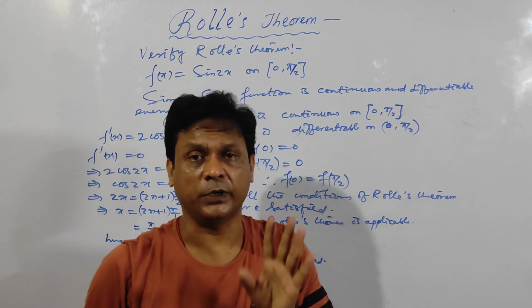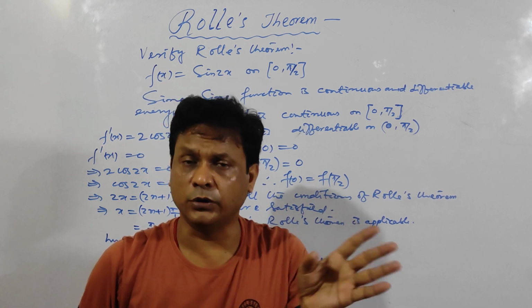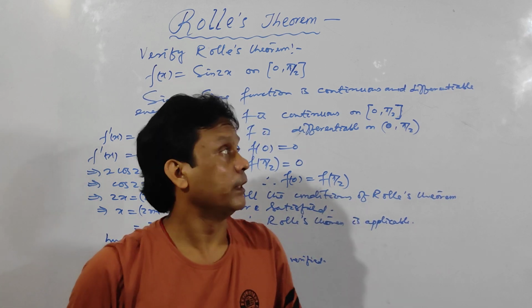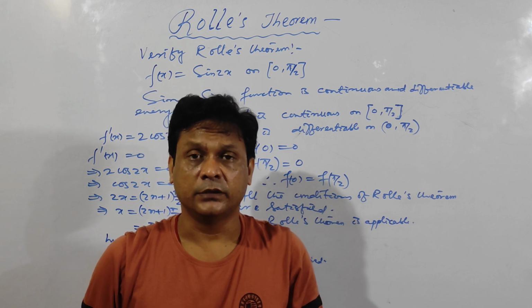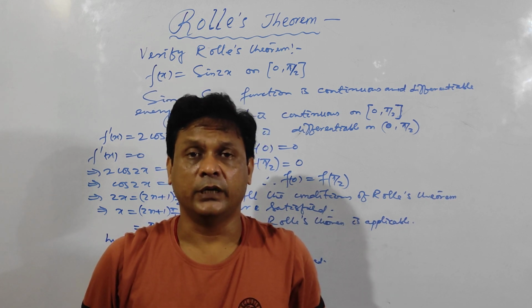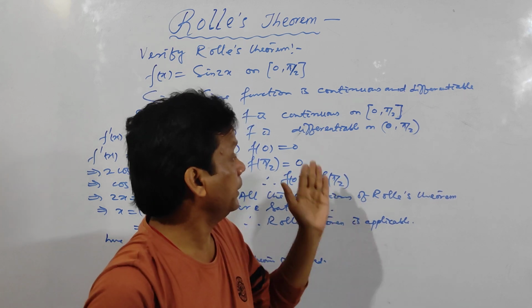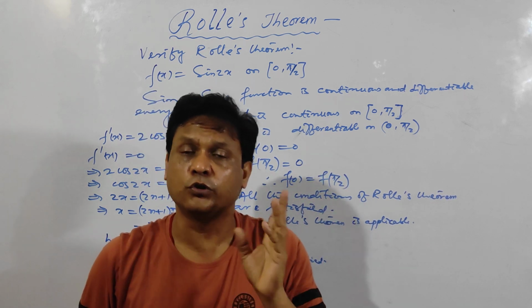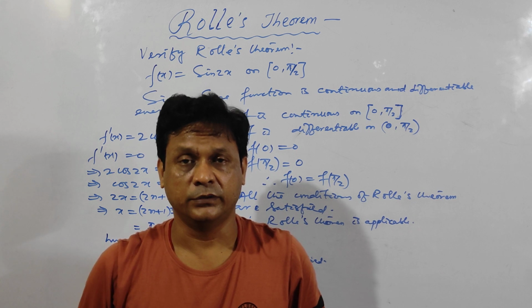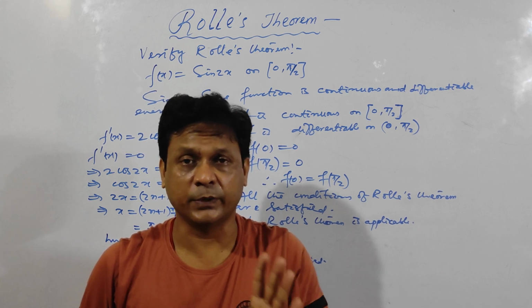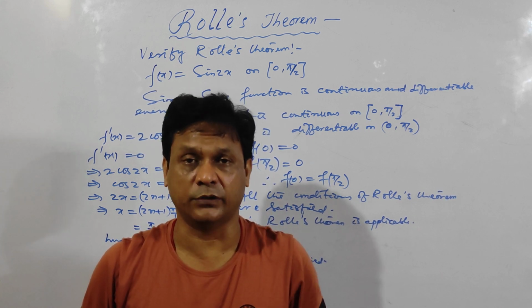So simply do the polynomial functions and don't do other problems. I will give you some questions on polynomial functions, and you should do those problems. If this question comes in the exam, it will be a 2 mark or 3 mark question. It is not a 6 mark question.